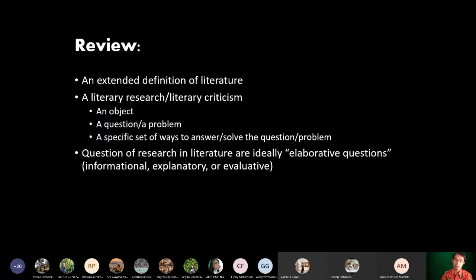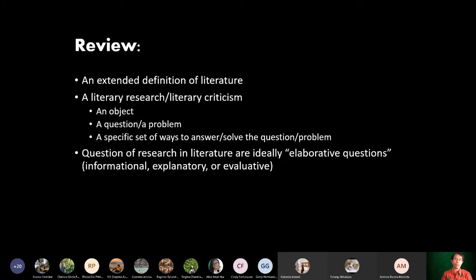Last week, okay, let me review, okay? We talked about the definition of literature, the extended definition of literature, which covers all aesthetic works related to language, right? We talked about literature covering poetry, prose, and also drama, and wider yet, you have movies, comics, and many other forms of aesthetic works which use language.